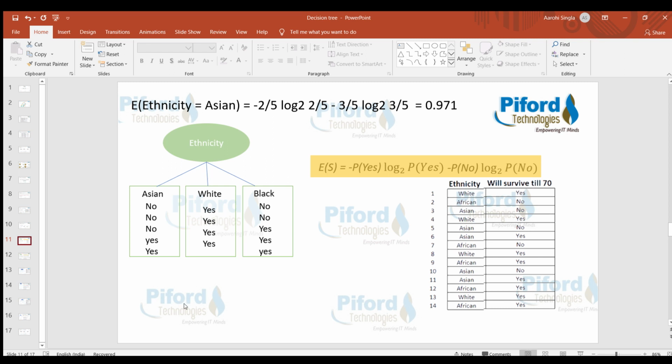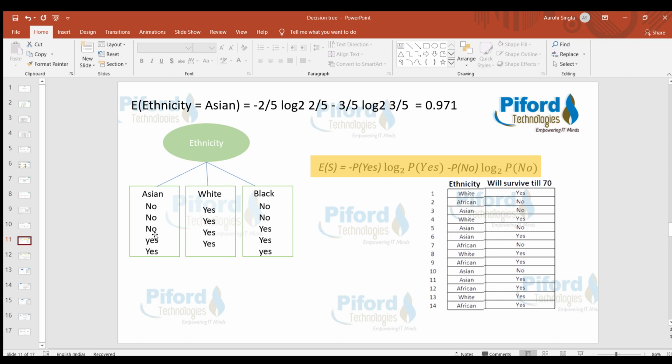Now what we want to know is how many Asians in our dataset survived till 70 and how many didn't. Out of those 5 Asian records, 3 Asians didn't survive till 70 and 2 Asians survived till 70.